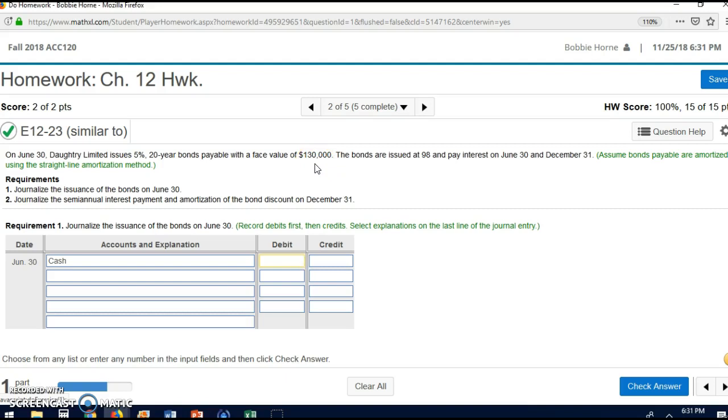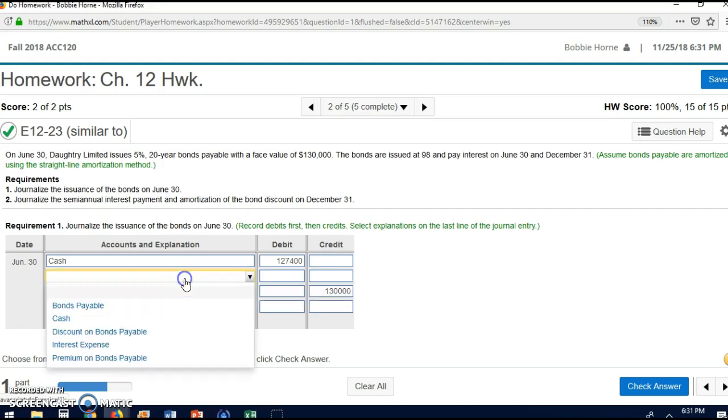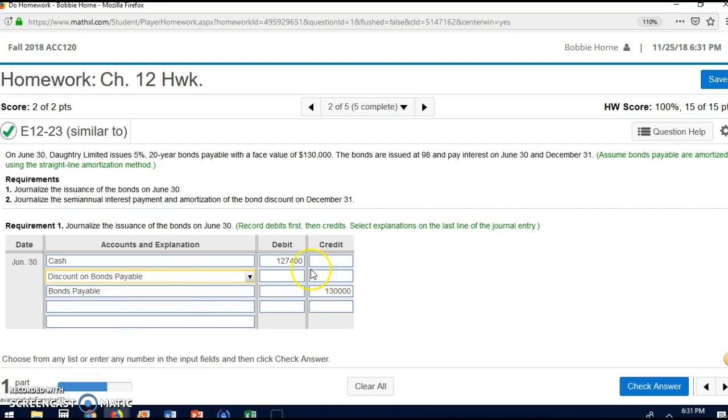So if you do 130,000 times 0.98, we're issuing this at a discount. So we're only going to get 127,400 cash, but we're going to actually pay back the full 130,000. So this person who's giving us their cash, they're getting a discount.